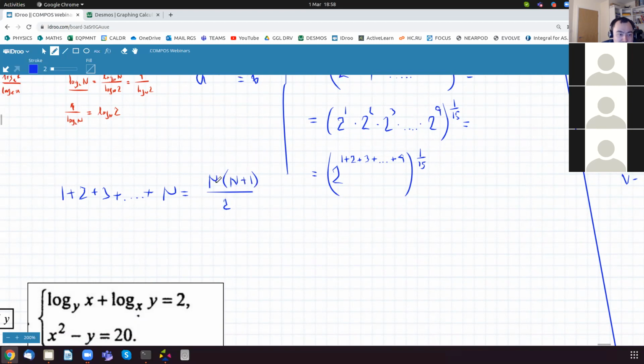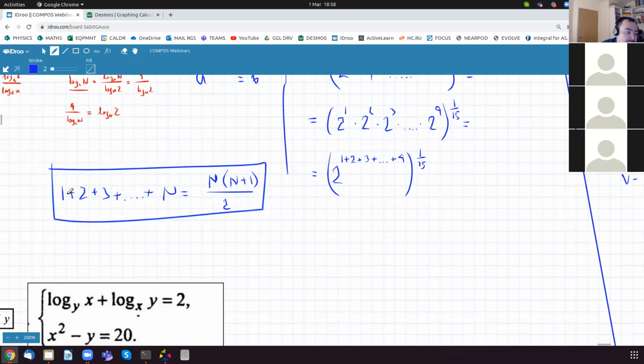This is the formula for triangular numbers. It's a very useful formula, but you can also use the sum of an arithmetic series, and you can prove that formula using the arithmetic series. But this pops up a lot, so I recommend you remember that.